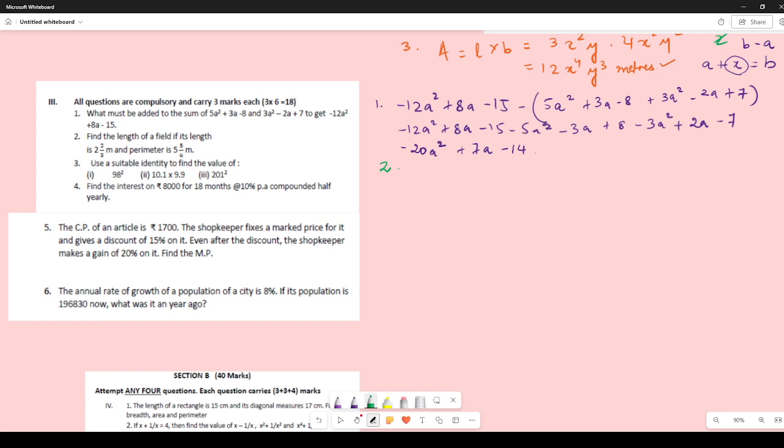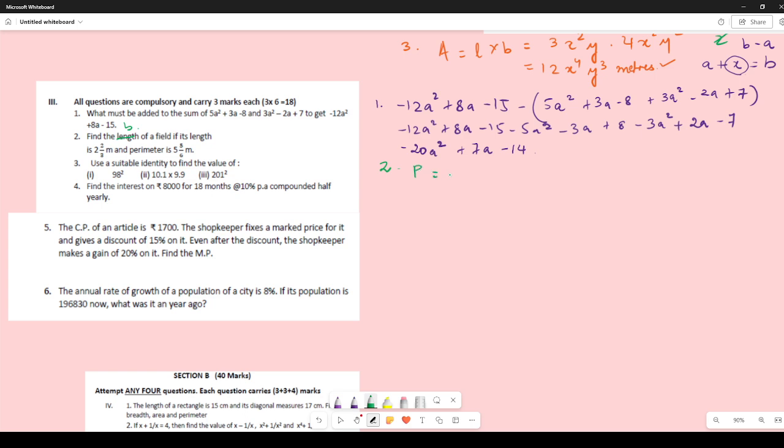Find the breadth of a field if its length is 2 by 3 meters and the perimeter is 5 by 6 meters. So there is an error. It should be: find the breadth of the field if its length is 2 by 3 meters and perimeter is 5 by 6 meters.